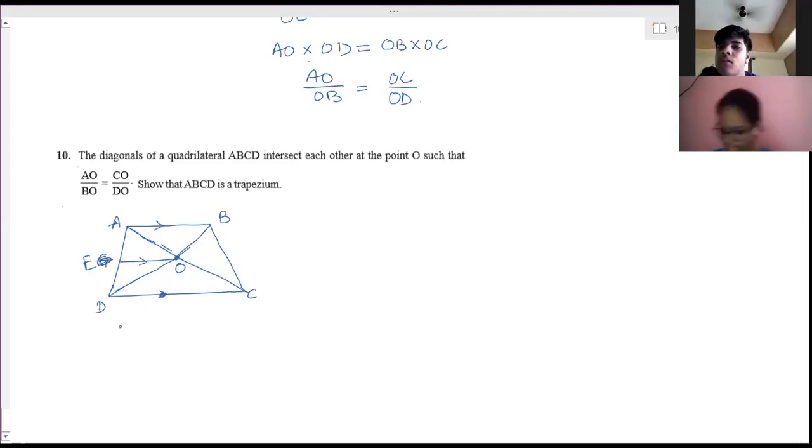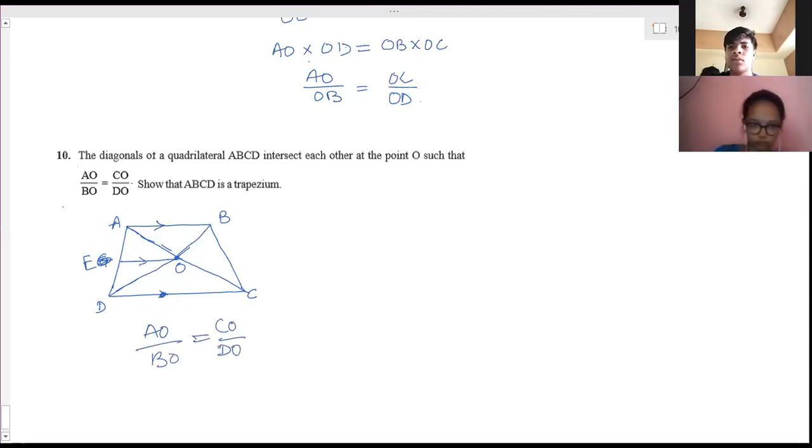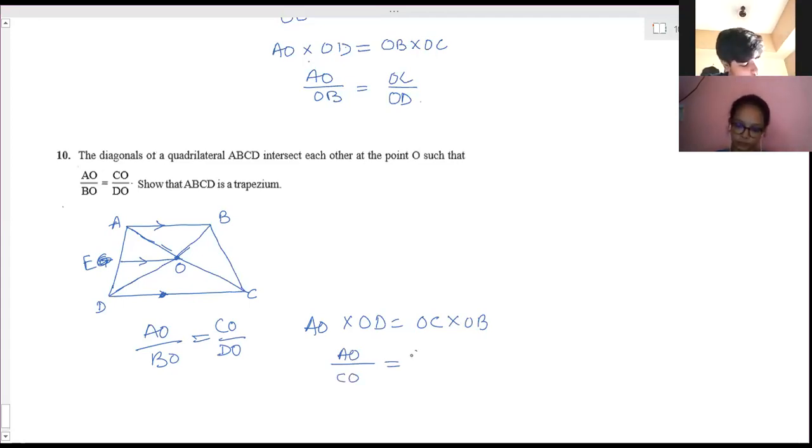Ma'am, they have given that AO by BO equals CO by DO, right? After that, I cross multiplied them both, and then, like how we did in the previous question, I did AO by CO equals BO by DO. And that's equation one.